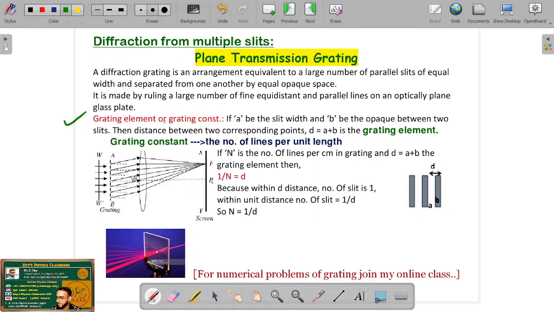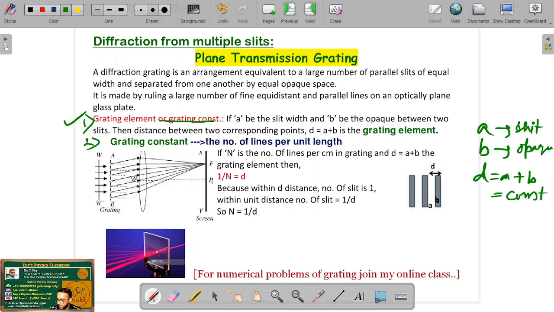Now there are a few terms related to grating. Number one is grating element and second one is grating constant. First, grating element. Suppose a is the slit width and b is the opaque width, that means b is the distance between two slits. Then d equals a plus b becomes constant, and this is called the grating element.